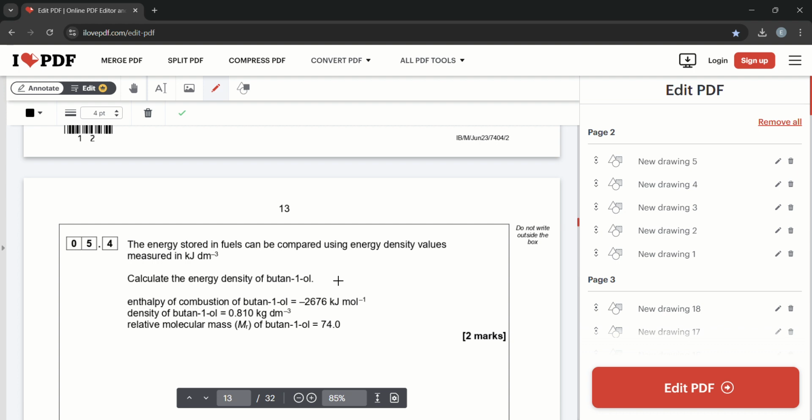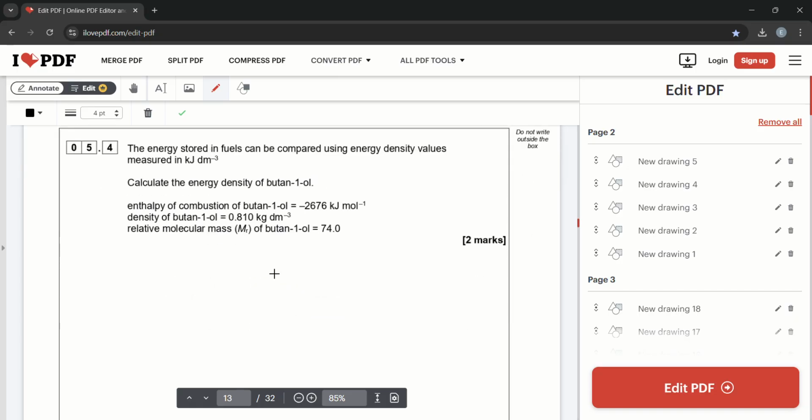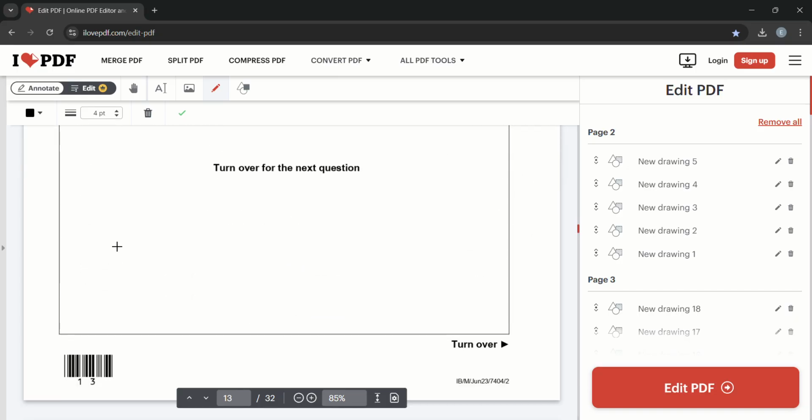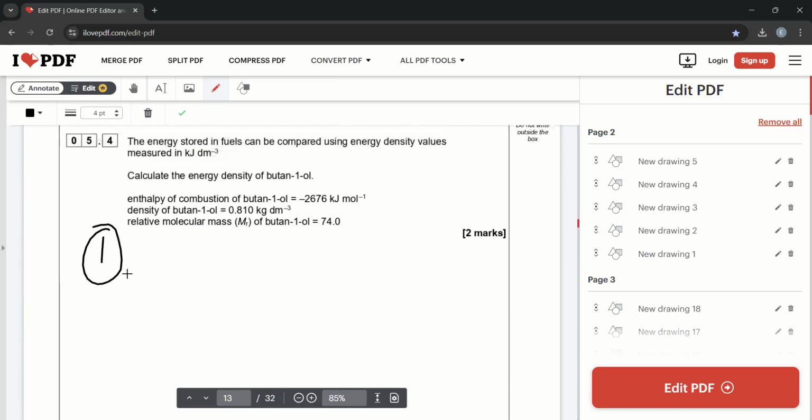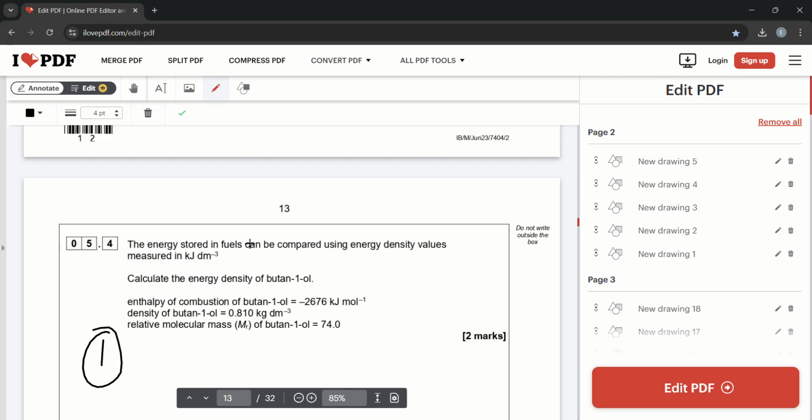And at 5.4, calculate the energy density of butan-1-ol. So in order to do this, we need to find out the moles, and then multiply by the enthalpy of combustion of butan-1-ol.